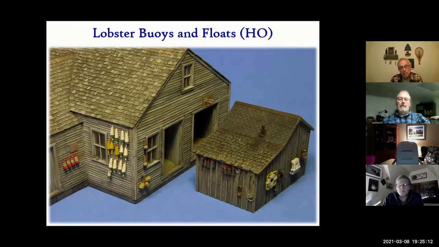Okay, so this gets a little closer to the Great Lakes group, and most of the structures that I've modeled are really drab. They're needing a coat of paint, or they've never been painted at all. They're real weathered. But if you model this scene that has a lobster boat in it, you have lobstermen or women.